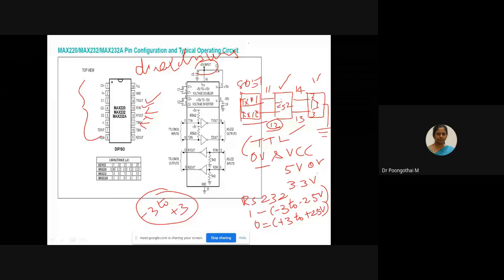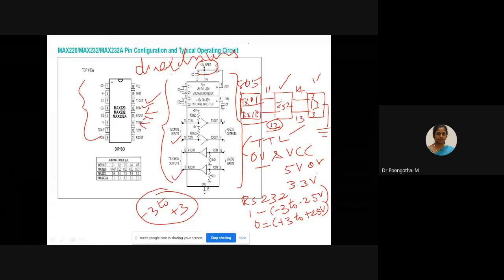Okay, so I will explain this diagram first, so you can clearly understand the concepts of your MAX232. Basically it has two sets of line drivers. This is line driver 1 and this is line driver 2.